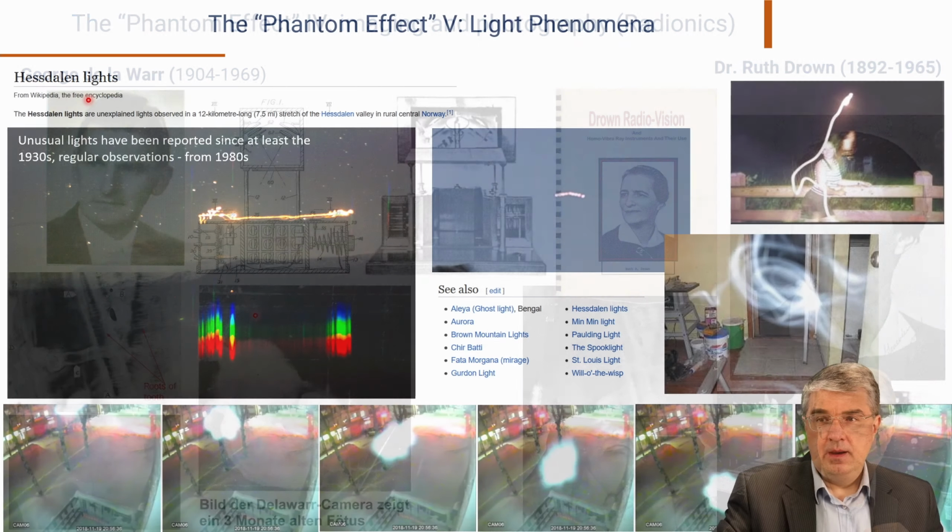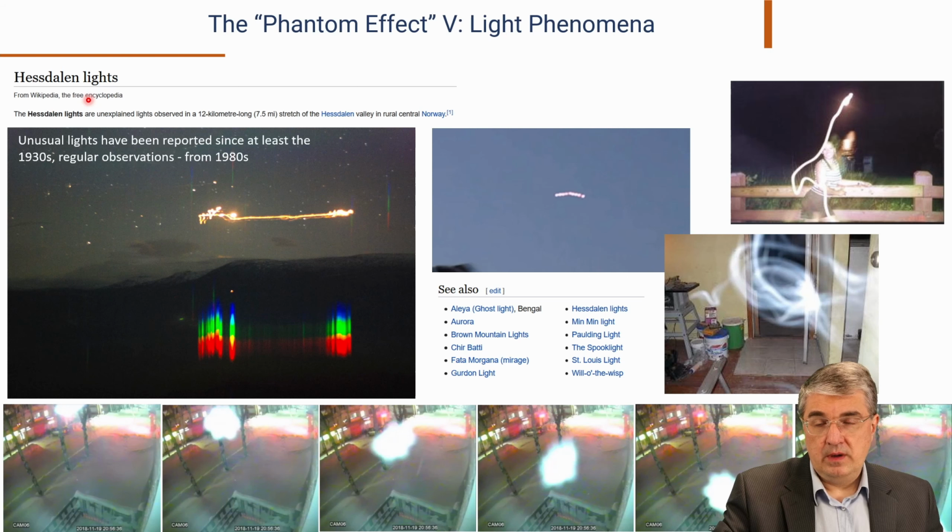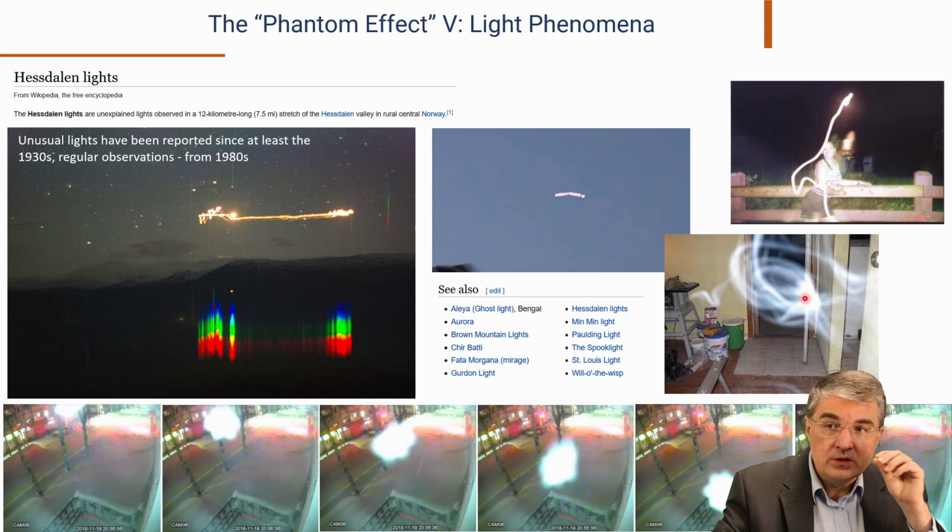The fifth group of effects related to phantoms is created by so-called light phenomena. There are different light phenomena. There is just light of different shapes and different sizes, and sometimes they move, sometimes they stop, sometimes they have blurred effects.